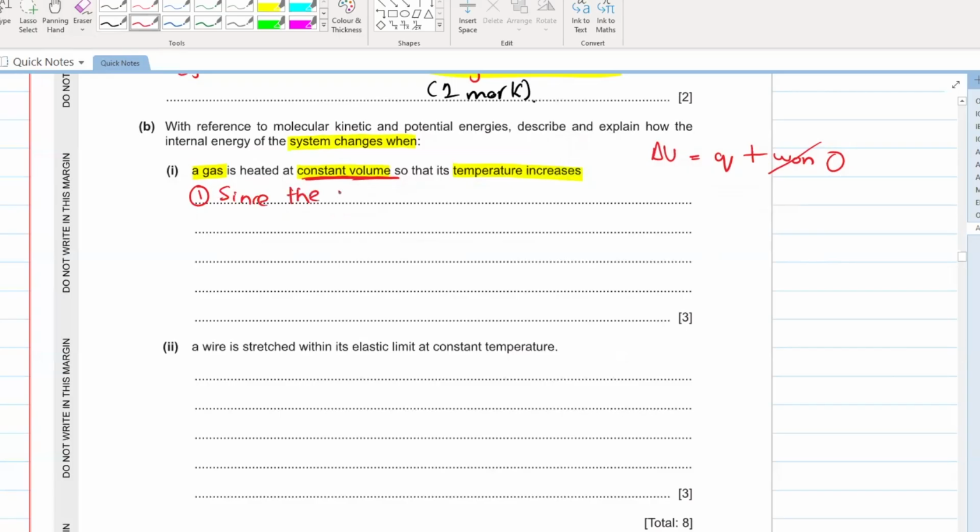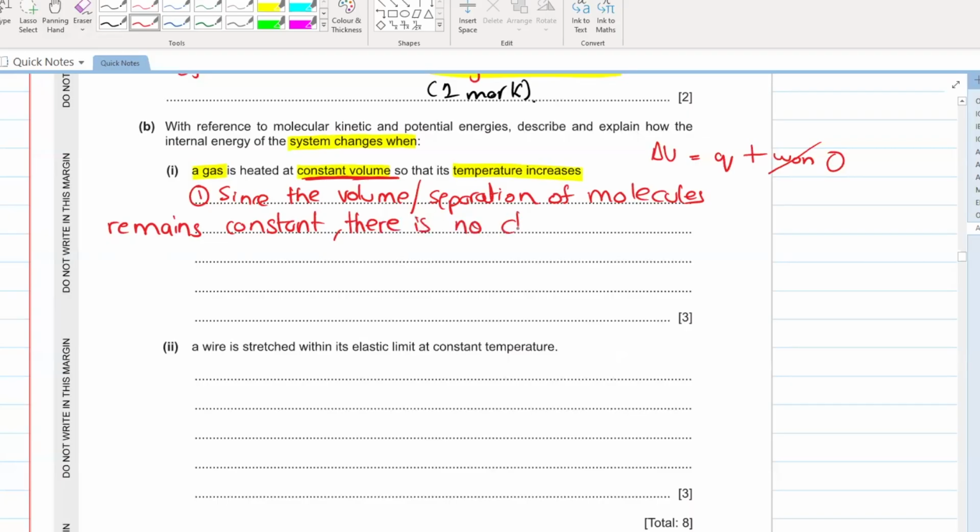You can say, since the volume or separation of molecules remains constant, there is no change in potential energy.